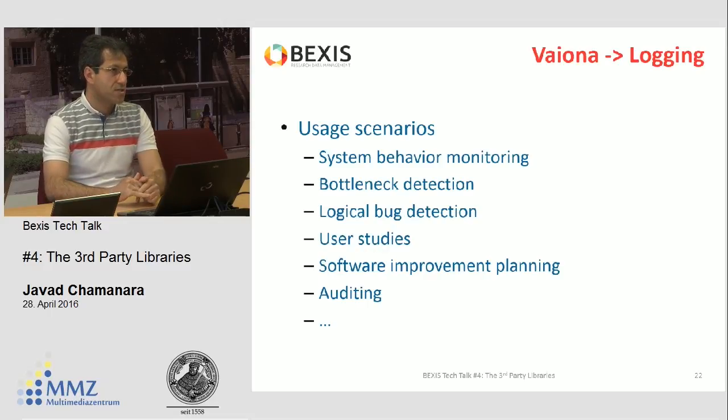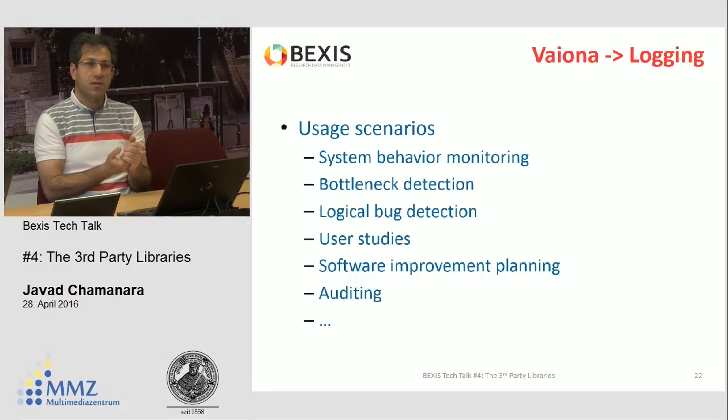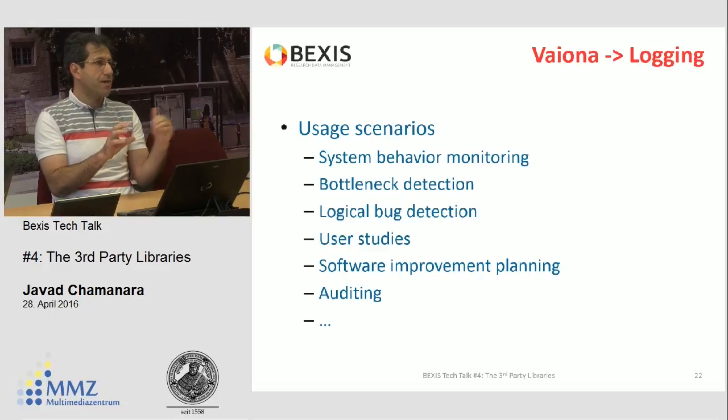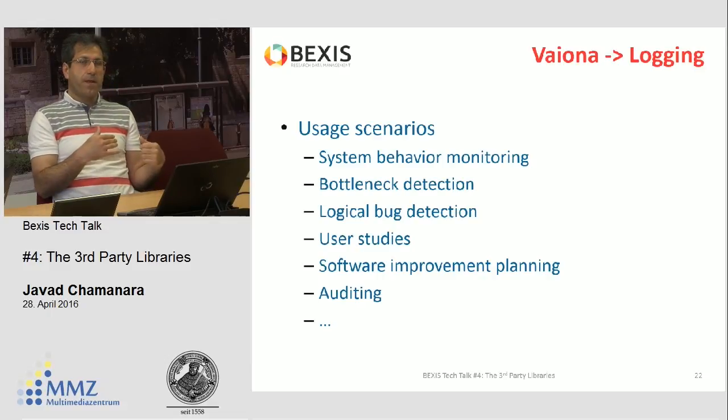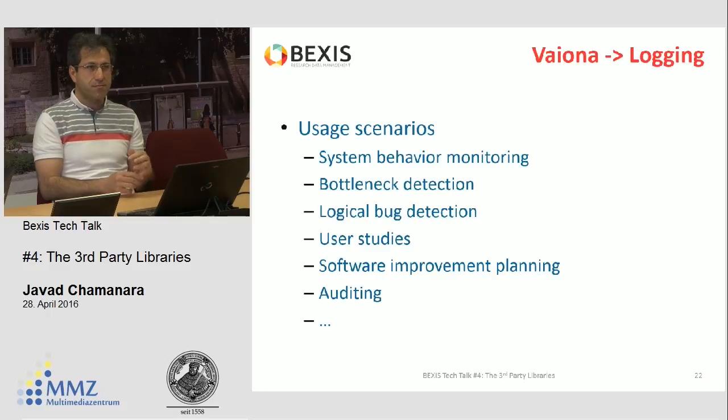Also for user studies: when the system is deployed into a user community and they start using it, with this logging we can monitor their behavior to see, for example, which scenarios are more used, or what a user is doing right after doing A. With this kind of information, maybe we can later improve our UI processes or workflows to be more in the way that users are thinking.